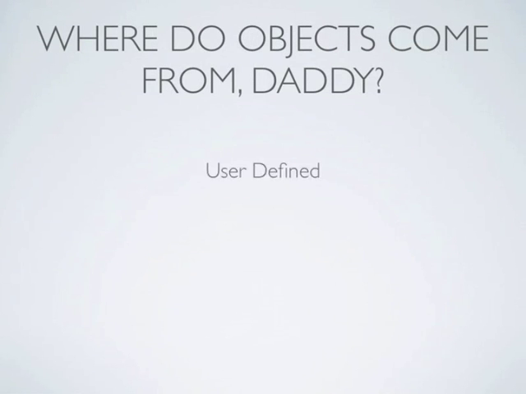So where do we actually get objects? One of the ways that we can create an object is by defining it ourselves. There's a classification of objects called user-defined objects, which are basically just objects that for one reason or another we decide are necessary and that we actually create.